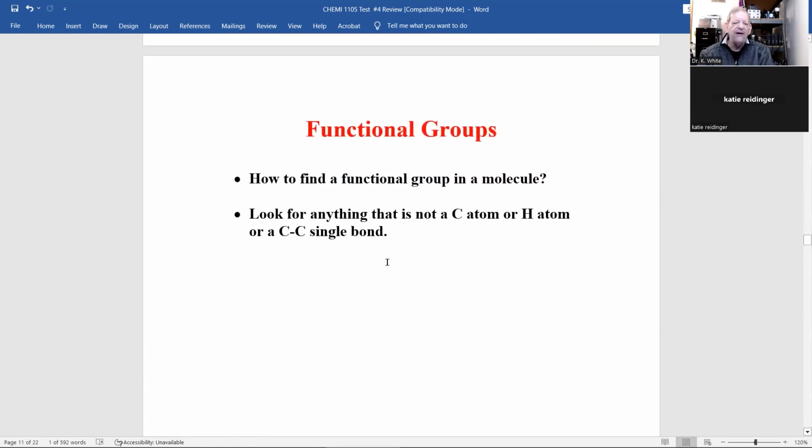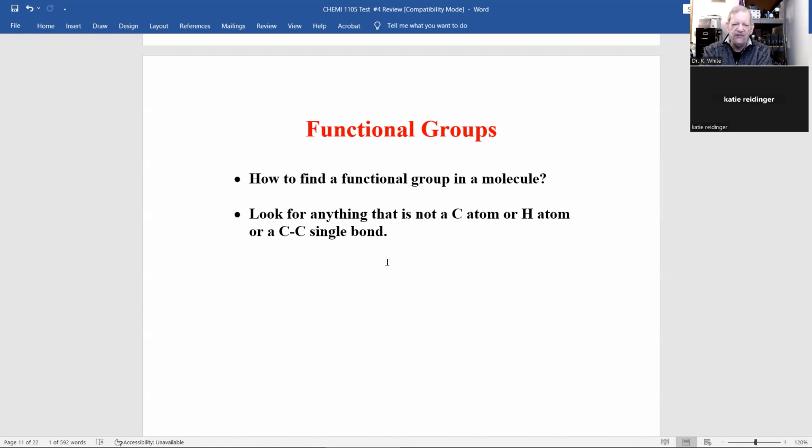All right, now, in organic chemistry, we have what's known as functional groups. Now, I'll never ask you what is a functional group, but it's a collection of atoms that react the same way. How do you find a functional group in a molecule?